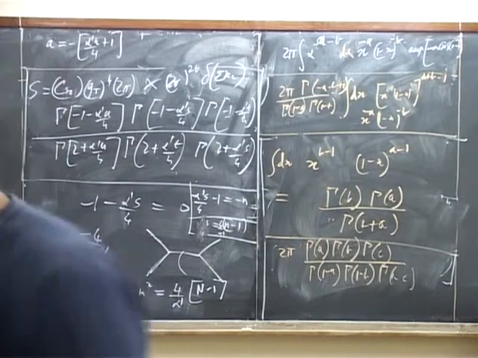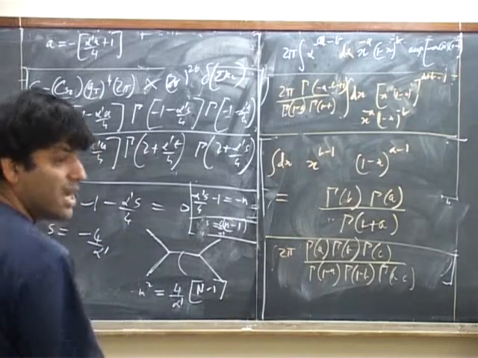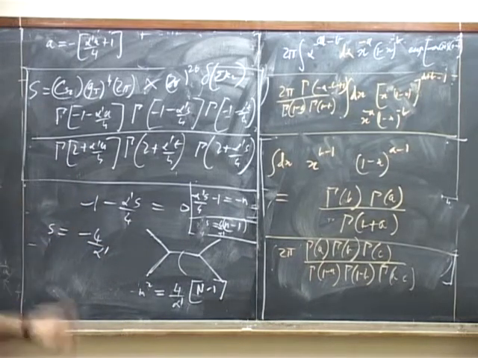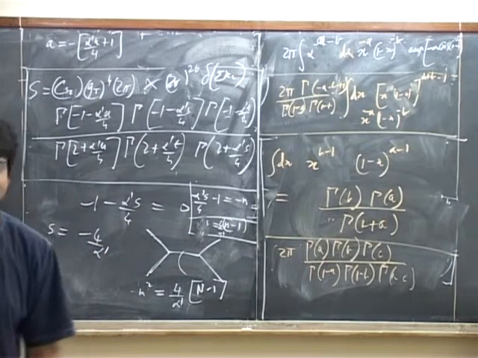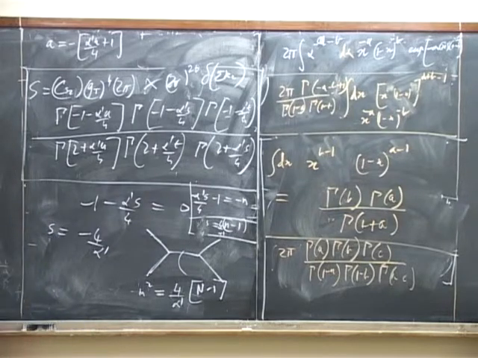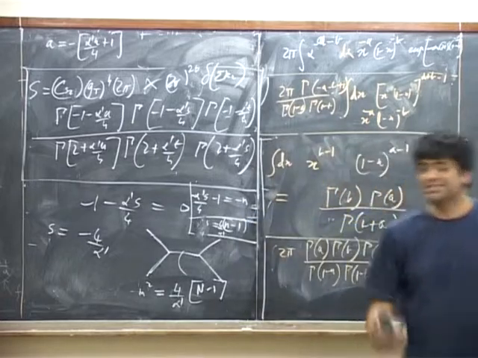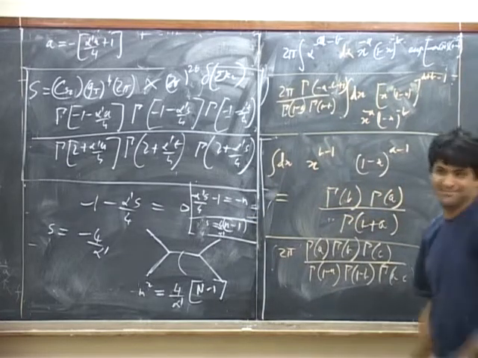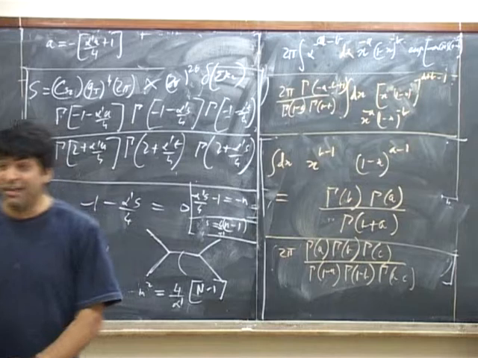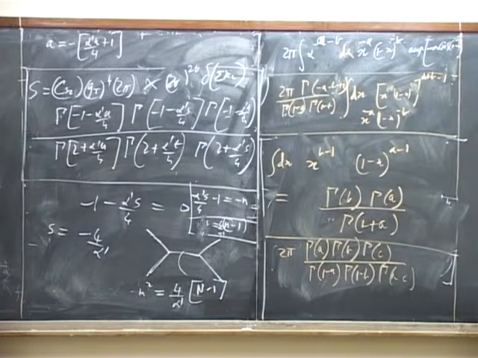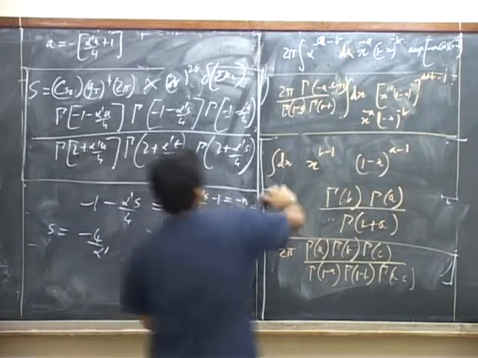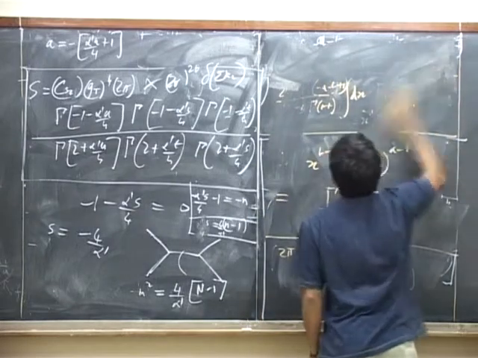Okay, so our scattering amplitude has poles exactly where we should expect them to be for physical purposes. Of course it's the same in the T channel or the U channel. Now that we understand this, the next thing we should do is try to understand this a little better.